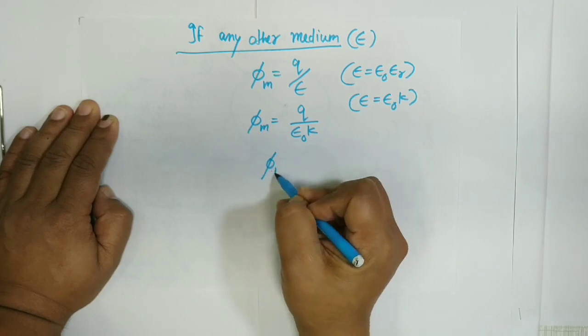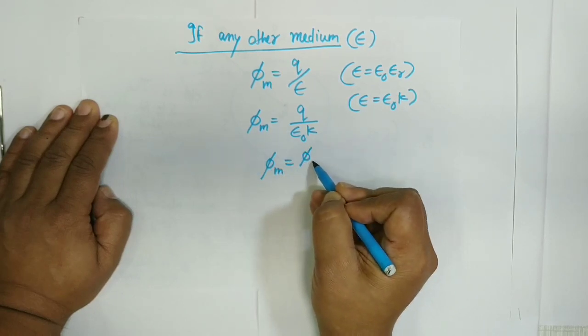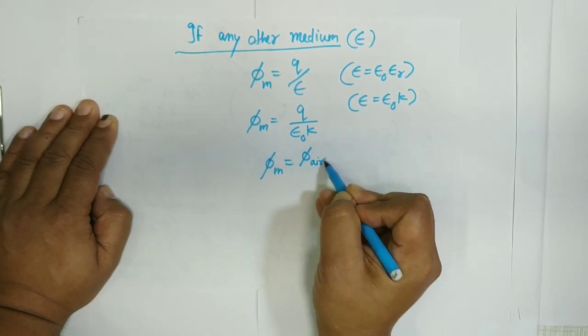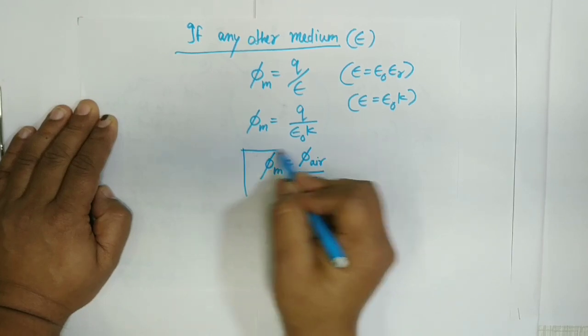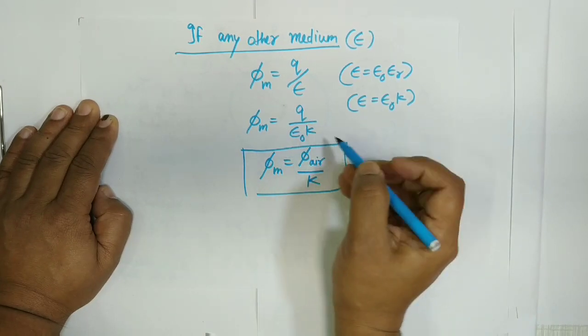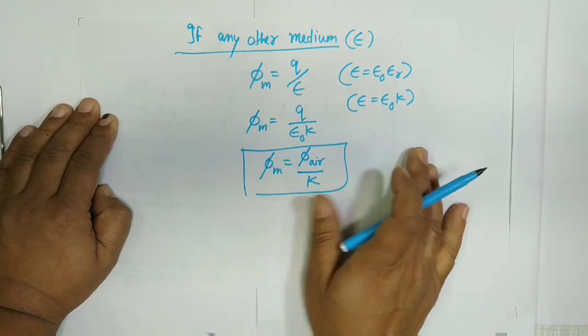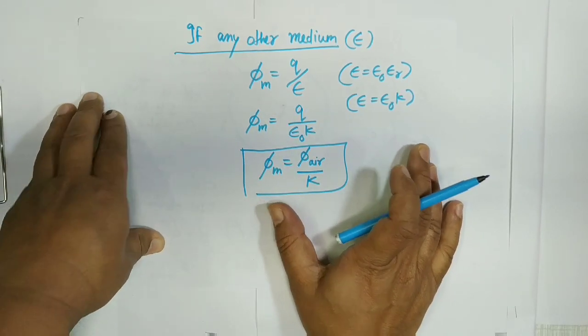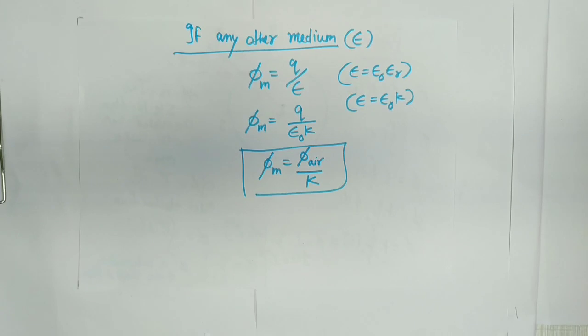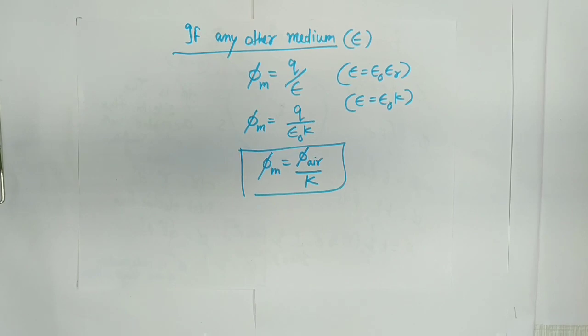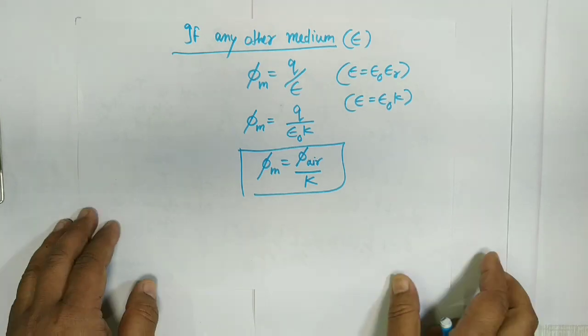So can we write phi m is equal to phi air by k? Yes. So this is another way we write electric flux in a medium. So this is Gauss theorem in electrostatics.